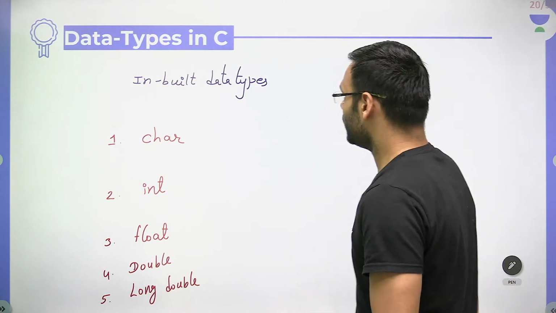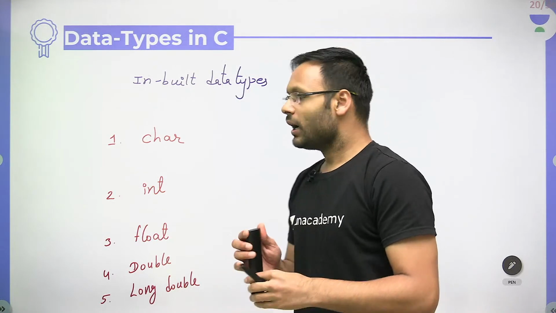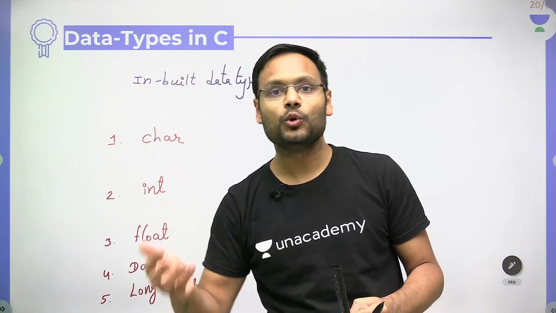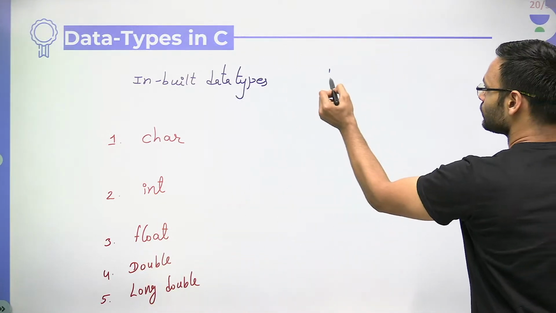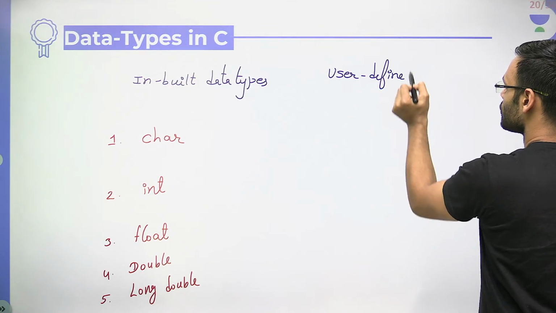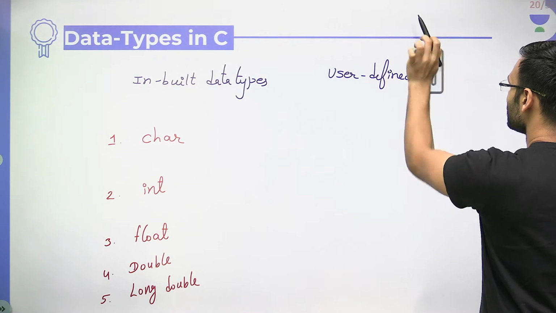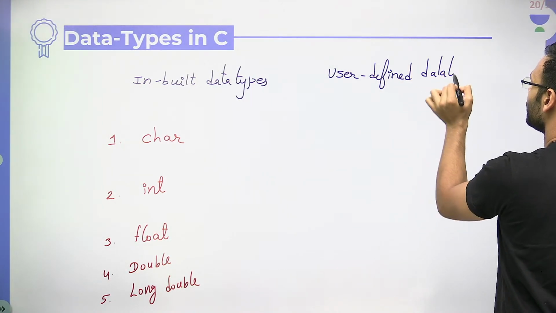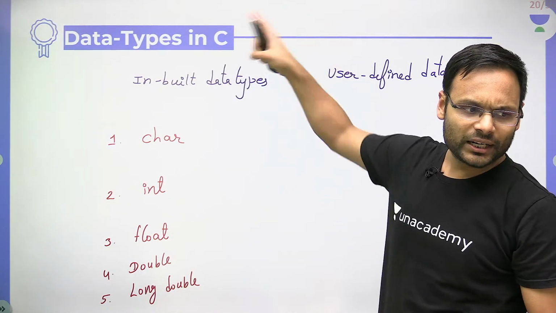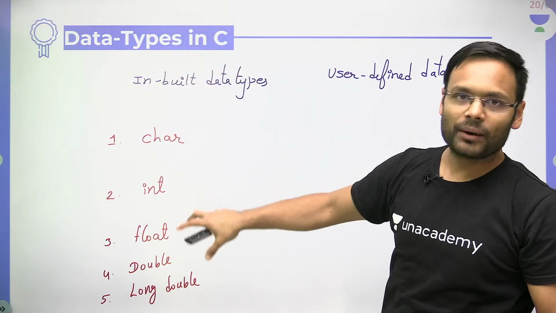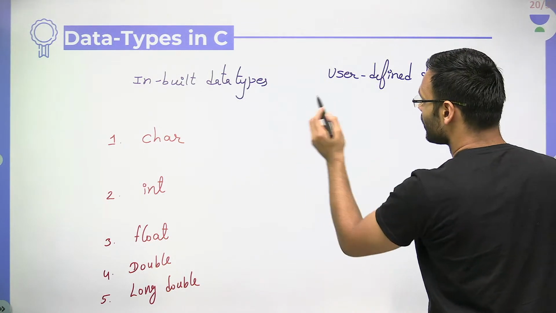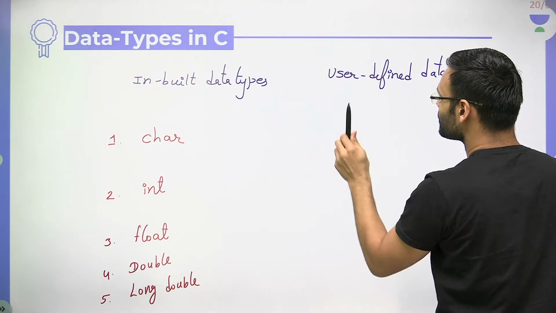Now these are the inbuilt data types. Using these inbuilt data types, we define some user defined data types also, the derived data types. Using these, we can derive other data types. What are the user defined or derived data types we have?